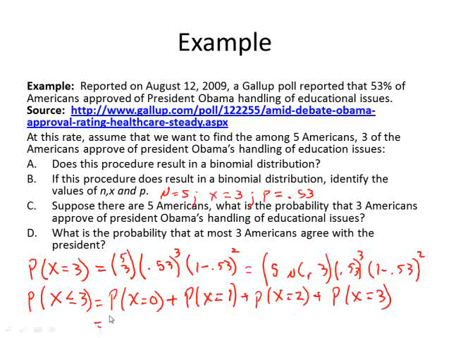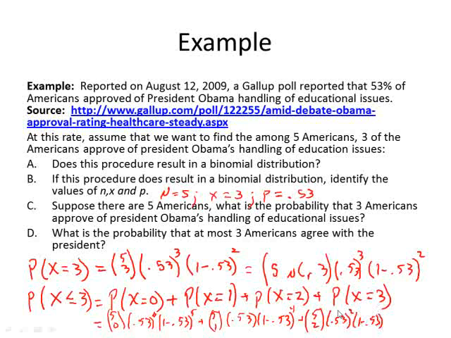So this is equal to 5 choose 0, 0.53 to the 0, 1 minus 0.53 to the fifth, all failures, plus 5 choose 1, 0.53, 1 minus 0.53 to the fourth, plus 5 choose 2, 0.53 squared, 1 minus 0.53 to the third, plus 5 choose 3, 0.53 cubed, 1 minus 0.53 to the second.